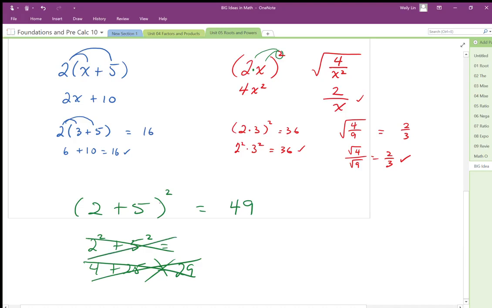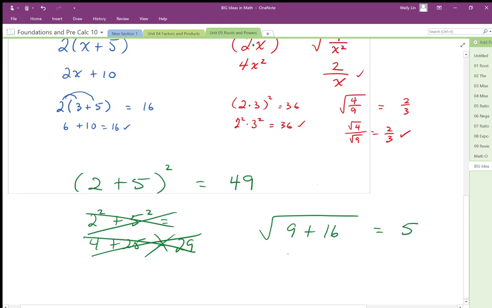So we cannot apply powers across plus and minus, the same as we cannot apply square root across plus and minus. Actually, I'm going to use a different example. I'm going to do 9 plus 16, which is 25. The square root of 25 is equal to 5.